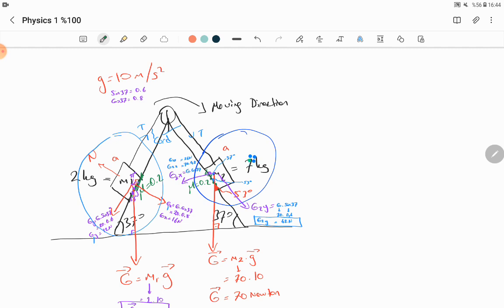So our surface has a friction coefficient, and the friction force for the first mass is in the opposite direction of the moving direction, and the value is the reaction force multiplied by the friction coefficient.